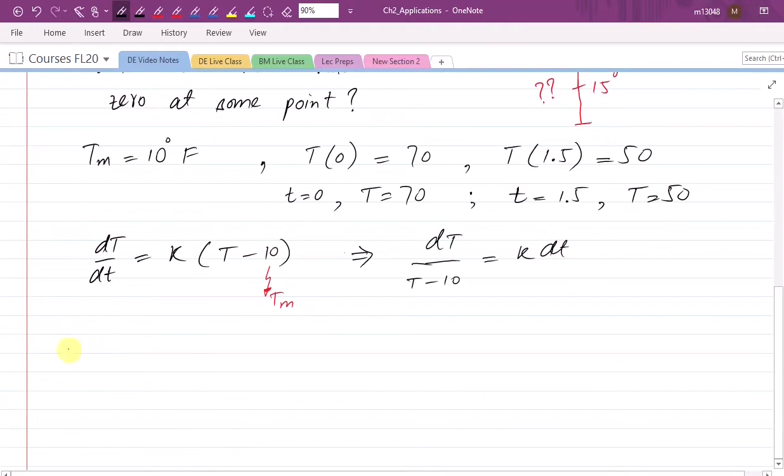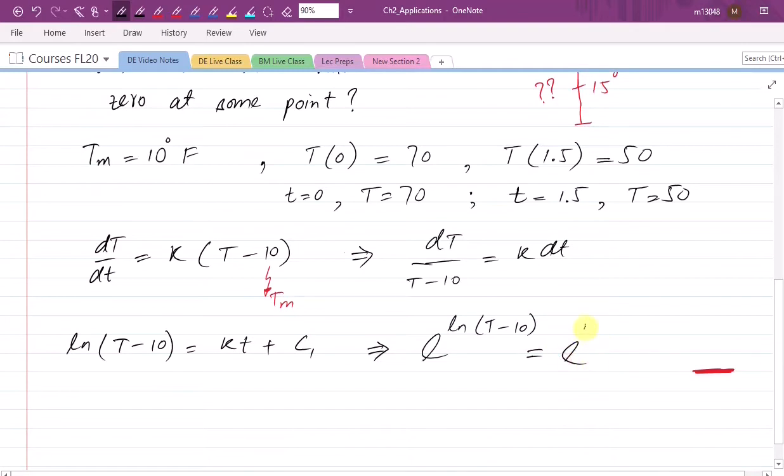So this gives log of T minus 10 equals kt plus C1. We take both sides as the power of e. On the left hand side, e and log cancel each other. On the right hand side we can separate the two terms, e power kt and e power C1.